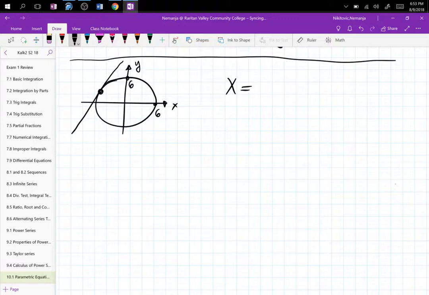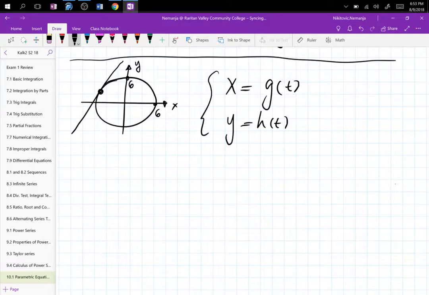I have x defined to be g of t, and I have y to be some function h of t. This is our definition for a parametric set. I don't care whether it's a circle or whatever it is. I took the circle, so in our case this would be 6 cosine t and 6 sine t.